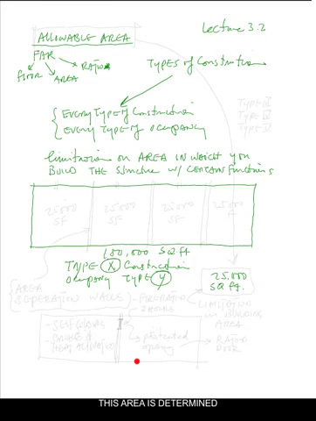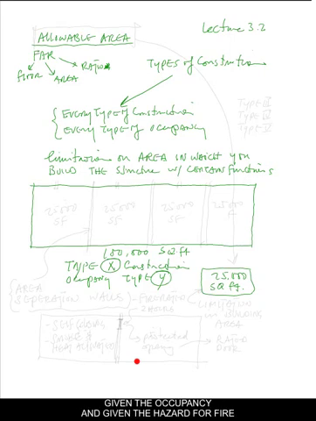This area is determined by the type of the construction, given the occupancy and given the hazard for fire and other possible hazards. The limitation in the area creates a safety net.